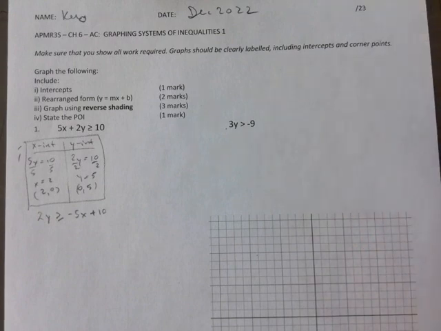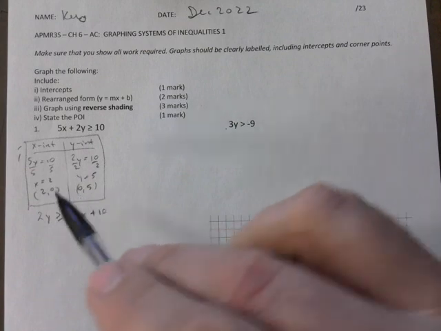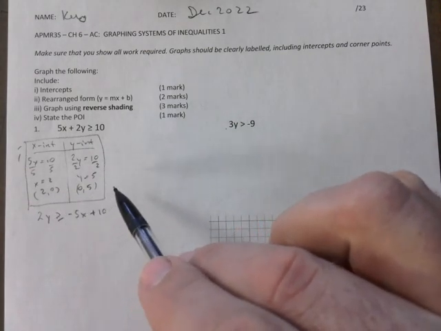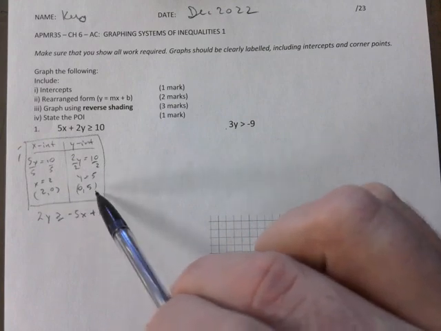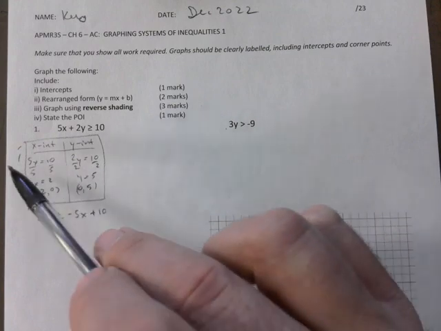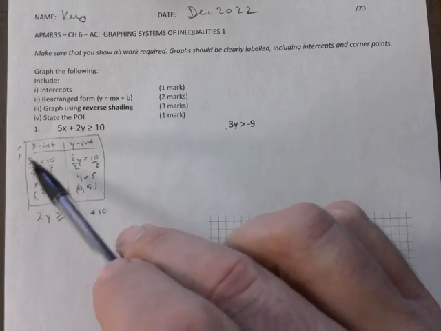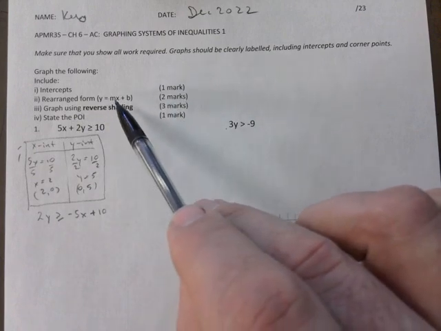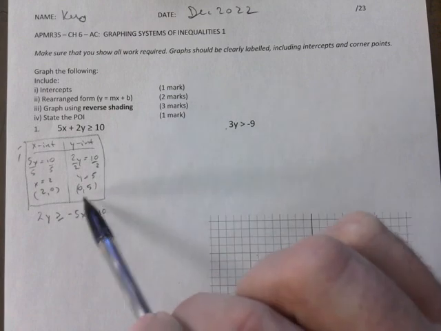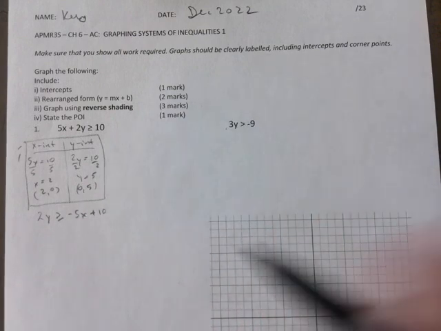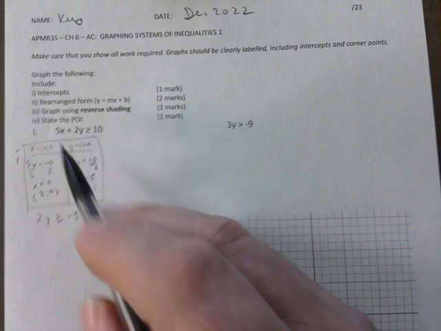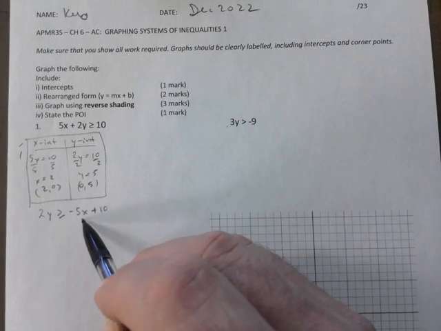All right. So you're going to get 1 mark for having the intercepts calculated correctly. So 2, 0, 0, 5, and that gets you 1 mark. You're going to get another 2 marks for rearranging, and that'll be for both. You're going to get a mark for each. So I take my inequality here, and I bring the 5x over, subtracting, right?